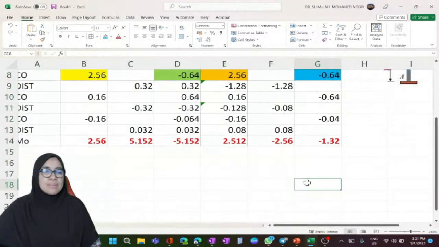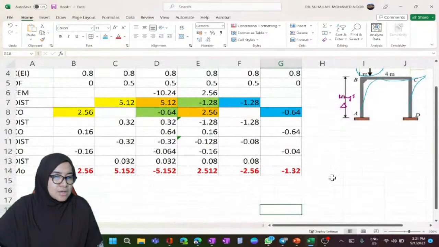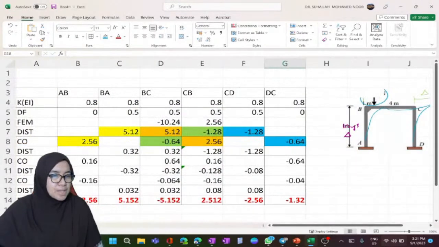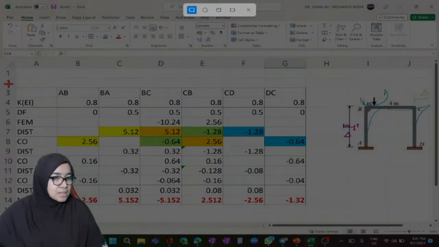From table number 1. Okay, let's continue. So now I want to copy this table and put back in, sorry, in OneNote.